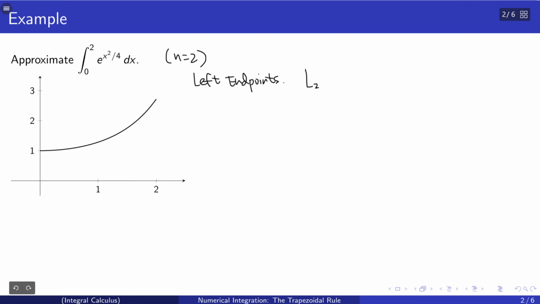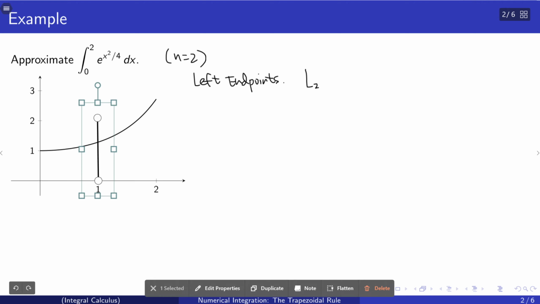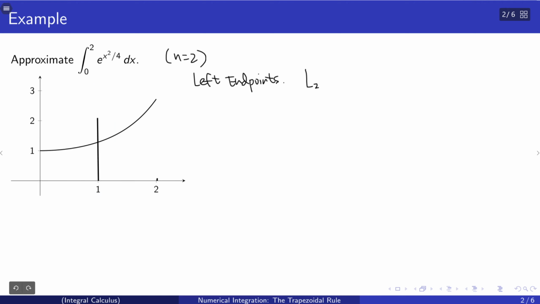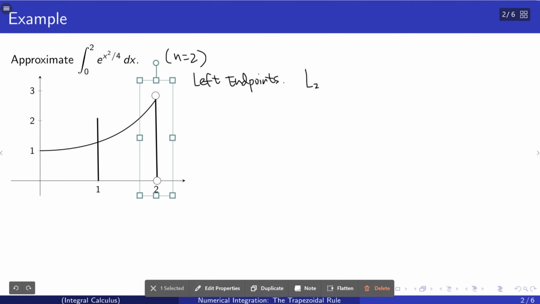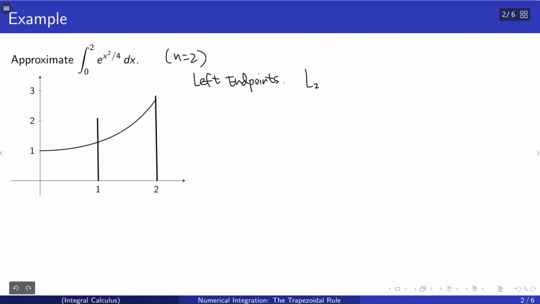We split the interval into two subintervals, 0 to 1 and 1 to 2, take the left endpoint of each subinterval, and use that to draw these rectangles.